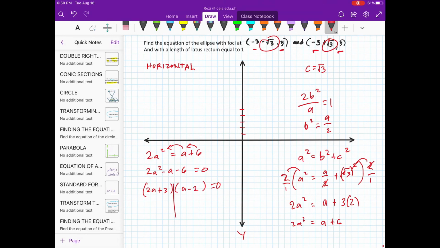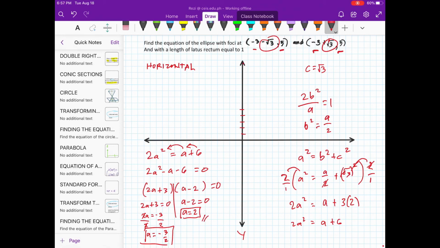So let's solve both sides. Equate to 0. So our a is -3/2 and +2. Since the value of a represents a distance, we consider the positive value, which is a is equal to 2.